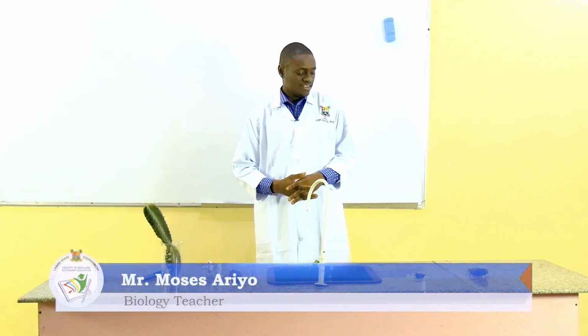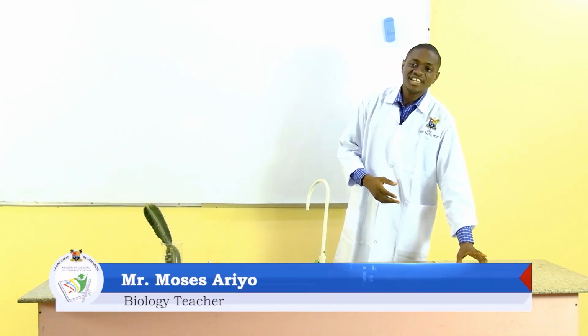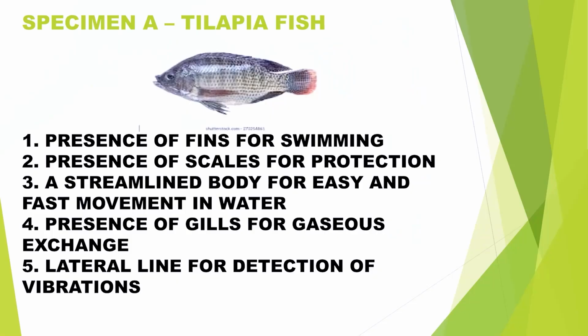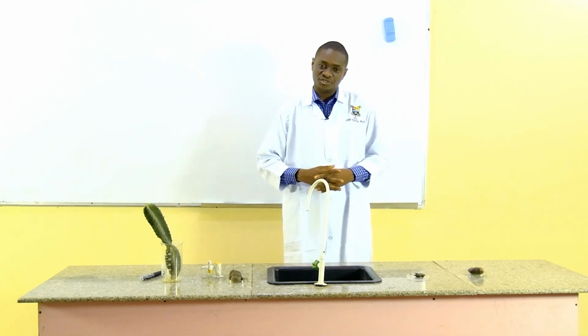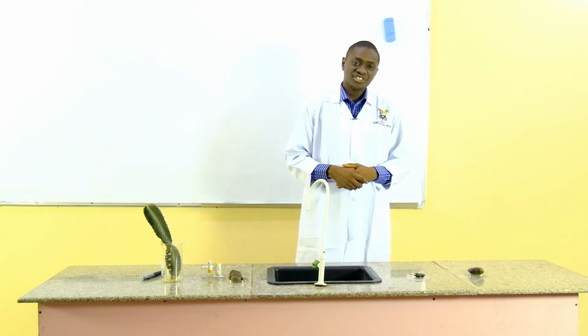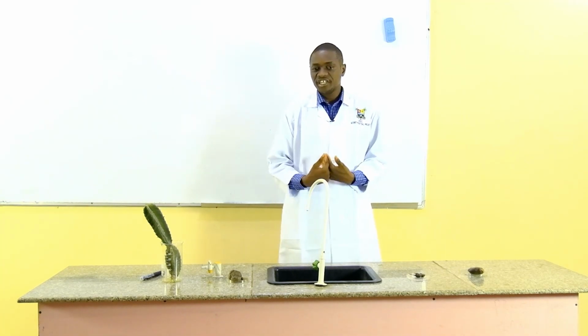So I will pick my first specimen, which is a tilapia fish. And as you can see on the screen, you can see the beautiful picture of a tilapia fish. When we talk about observable features, they are features that are evidently seen. Take, for instance, look at me now.